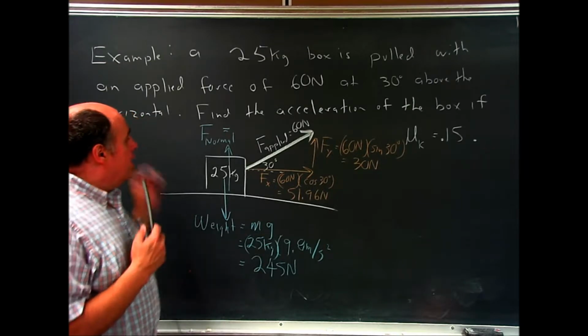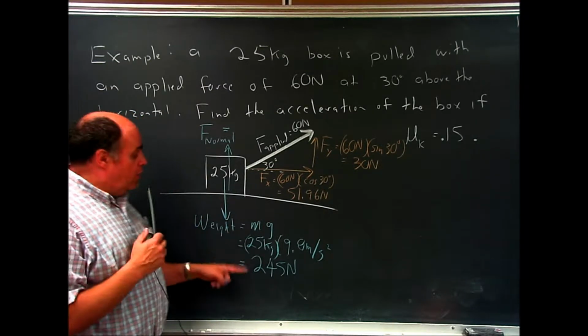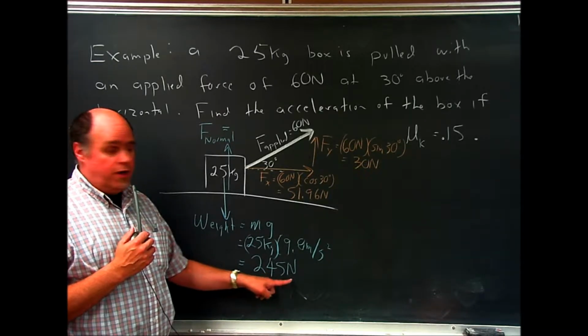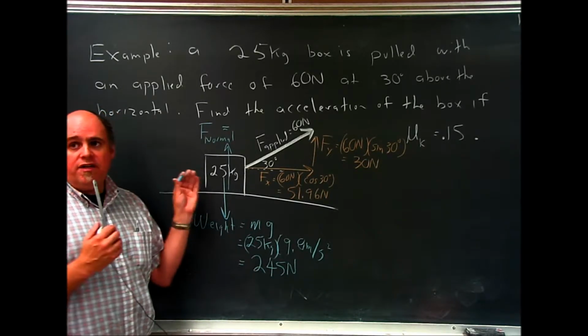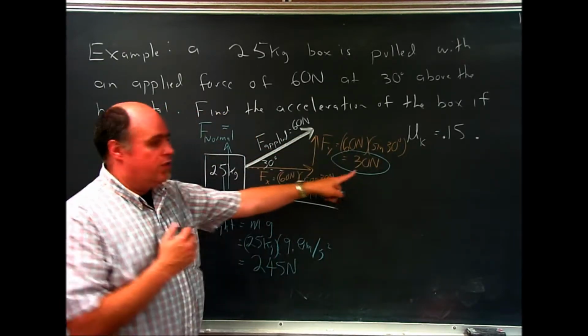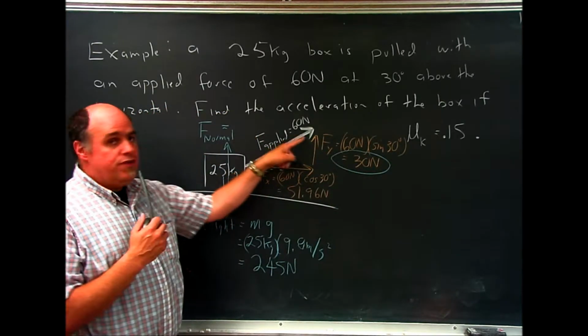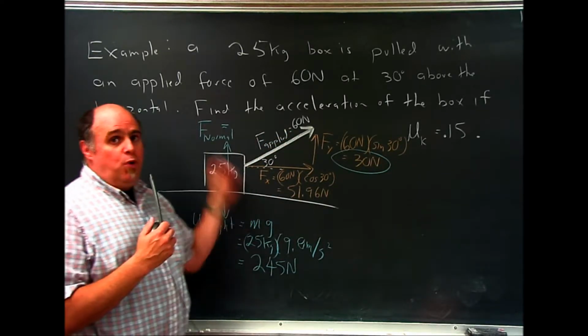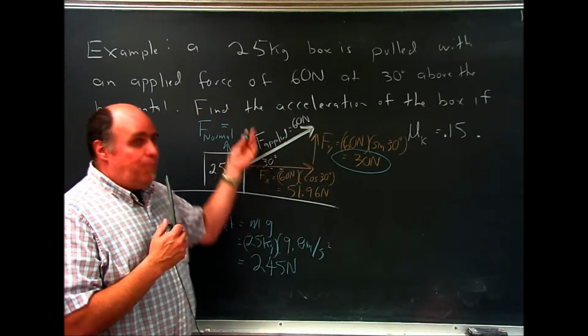Okay, but what is the normal force? Well, the weight of this box is 245 newtons. But the normal force is how heavy the box feels to the ground. This is something that's happening to the box in the vertical direction. Someone is pulling on this rope, and they're not just pulling the box to the right, they're pulling up on it a little bit.